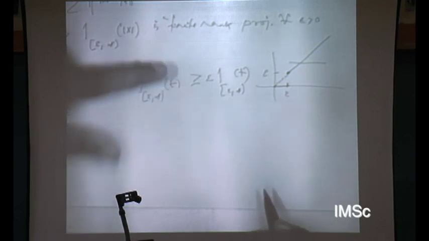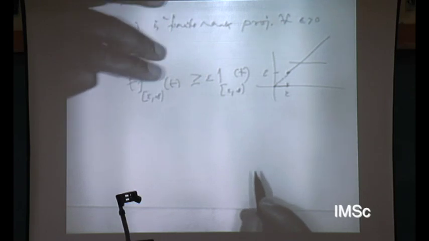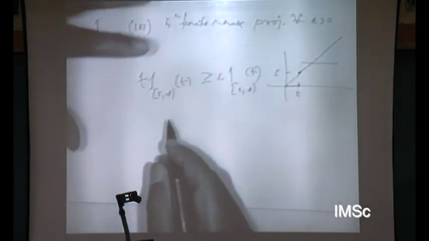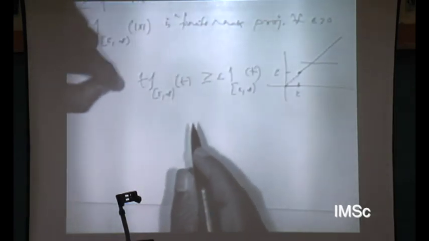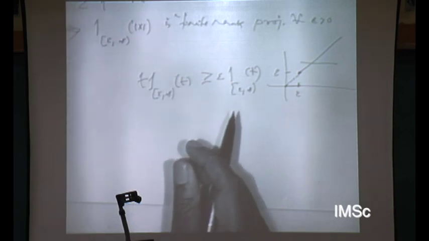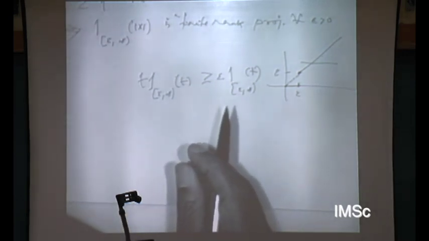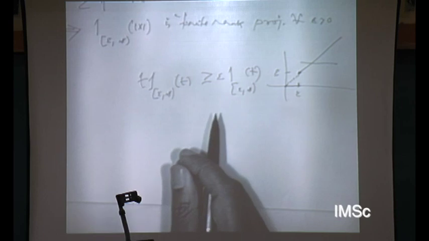But if I state it in terms of functions, if I now apply the functional calculus, which is a star homomorphism, such mappings preserve order.